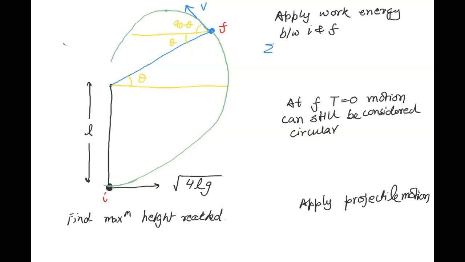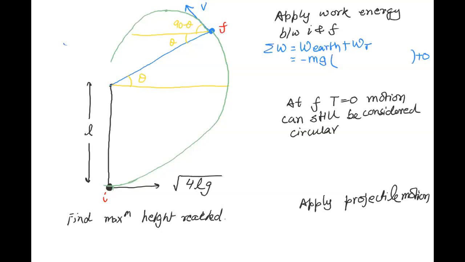No, look, summation of work done by earth plus work done by tension. Work done by earth is minus mg times whatever the height is, and work done by tension we know is zero. So we can figure out the work done by earth by figuring out the height.